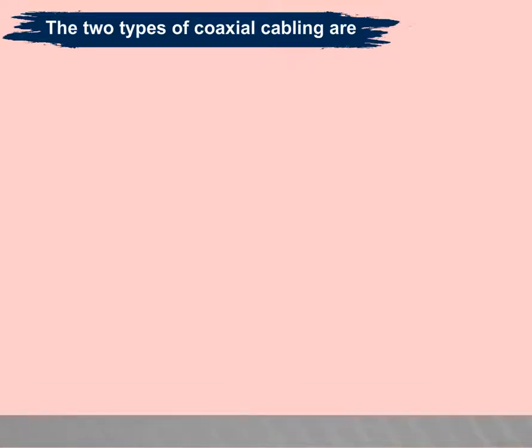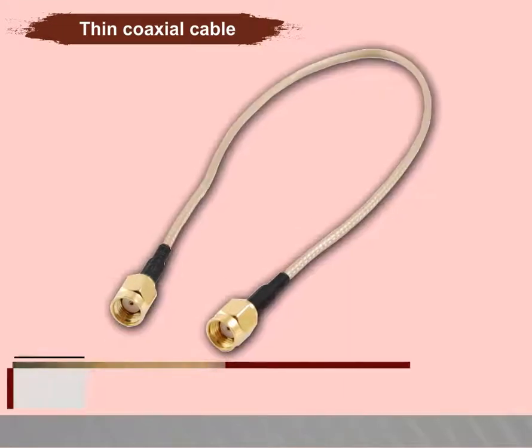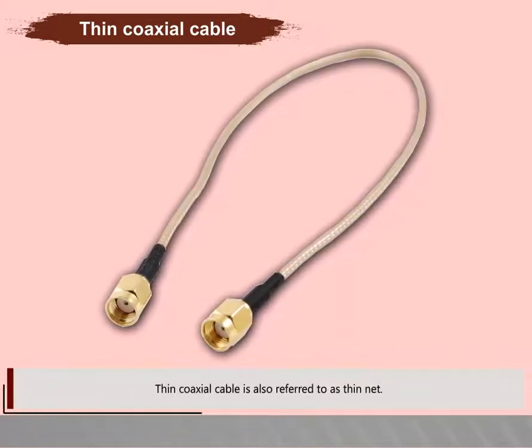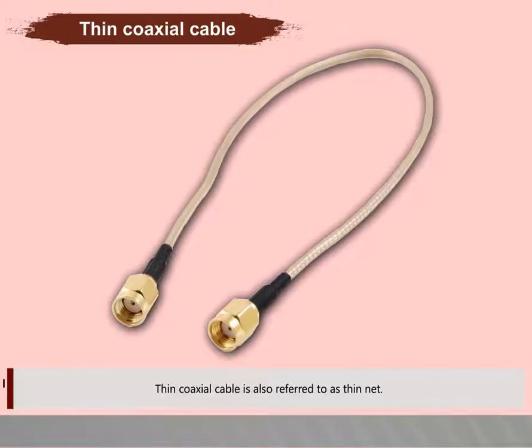The two types of coaxial cabling are thin coaxial cable and thick coaxial cable. Thin coaxial cable is also referred to as thinnet.